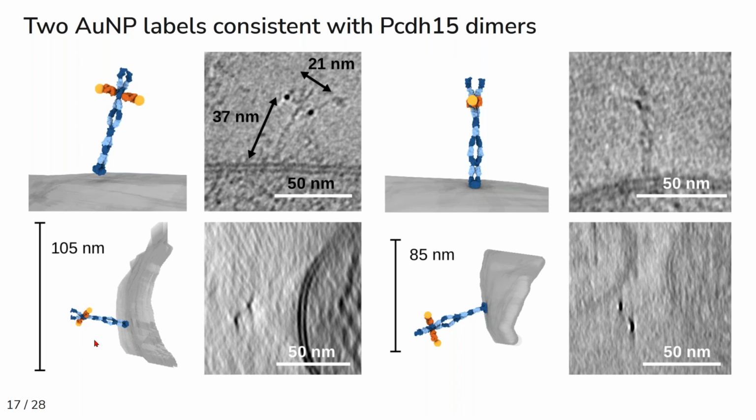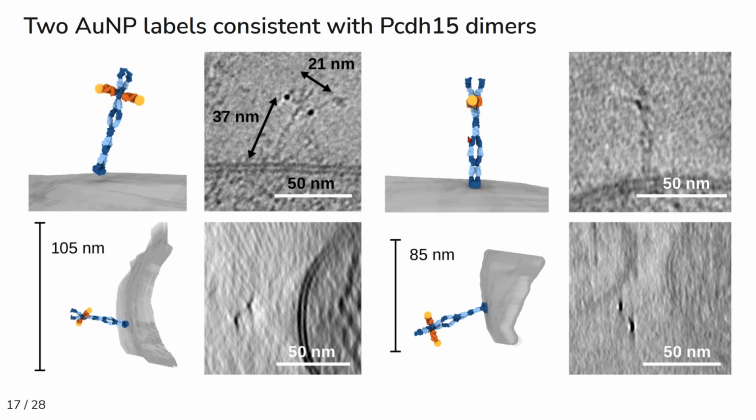So it's not hidden in the missing wedge. And the two gold particles are kind of in the same plane. So in one XY slice, we can see the protocadherin-15 densities together with the two gold particles. And the dimensions matched up really well with what we were expecting.